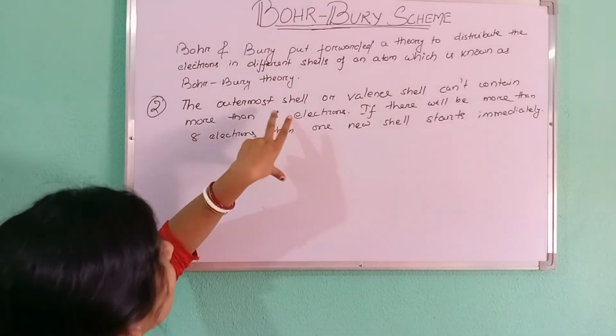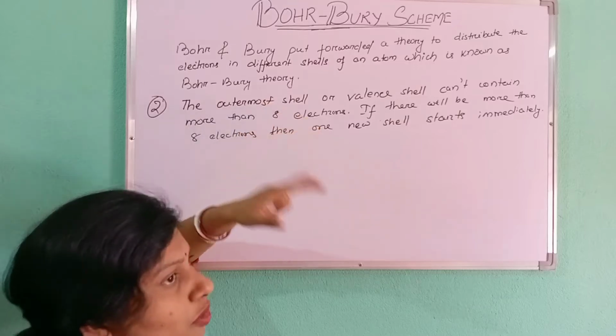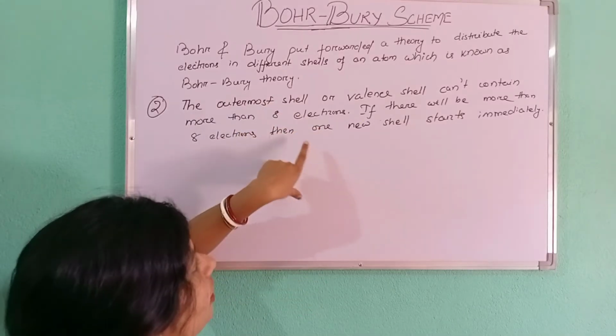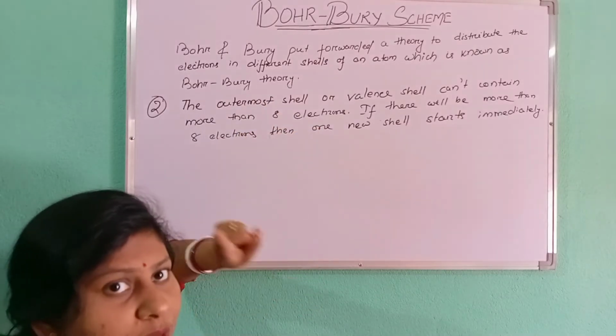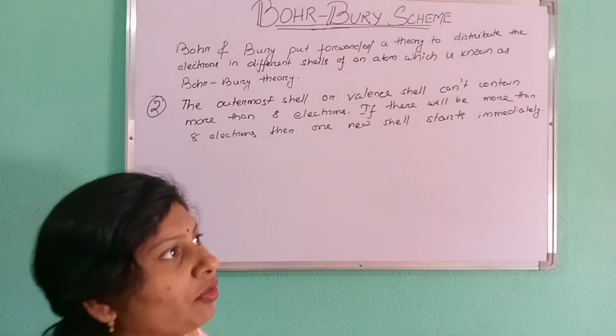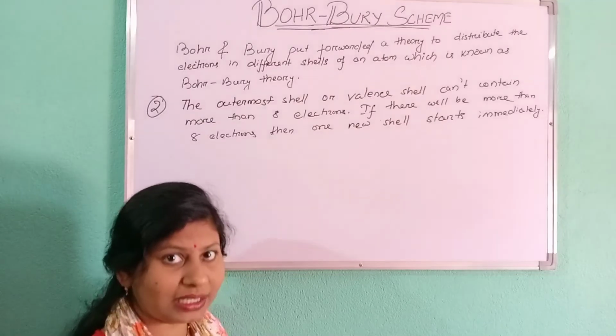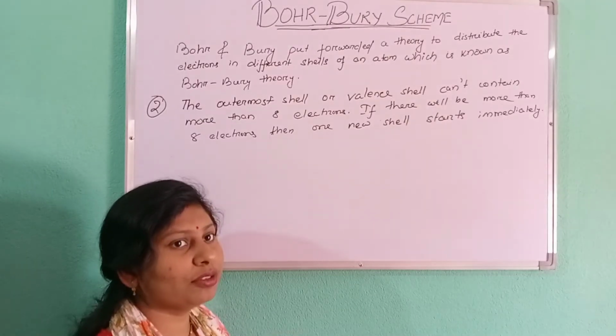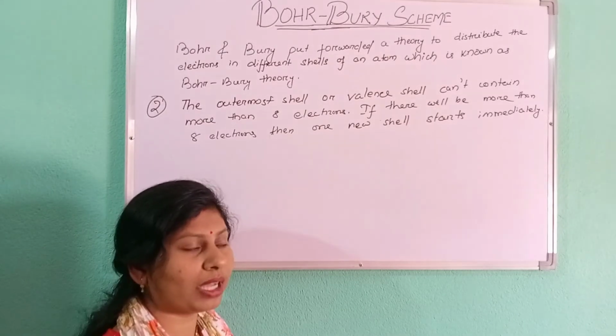So in the outermost cell or the valence cell, the maximum number of electrons will be 8, not more than 8. If we have more than 8 electrons, then we have to start one new cell.